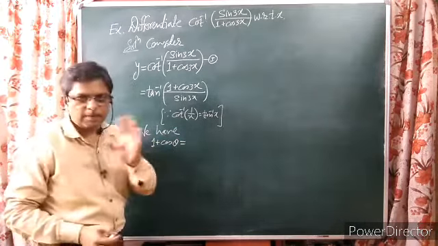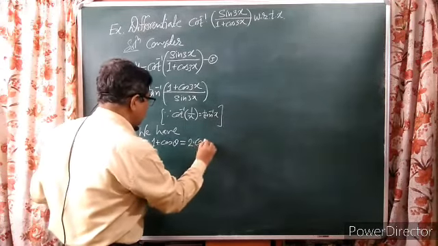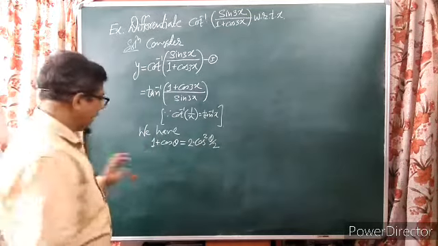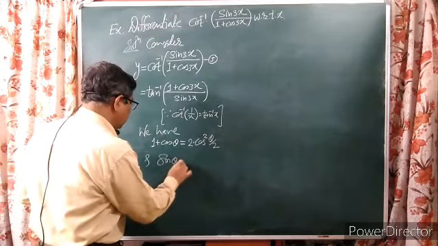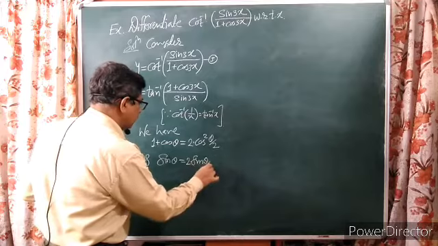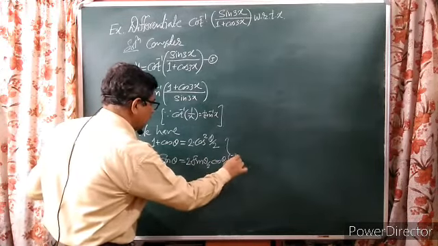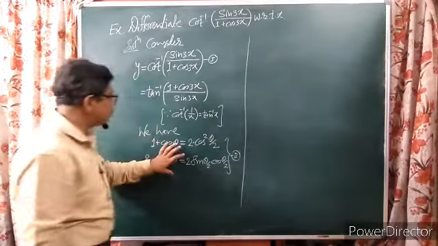Yes, if you are remembering this, that will be very easy. 1 plus cos theta is 2 cos square theta by 2, and sine theta can be written as 2 sine theta by 2 into cos theta by 2. Then we'll use these two formulae here.